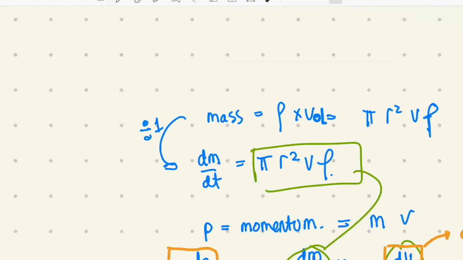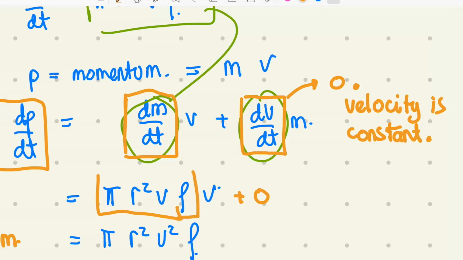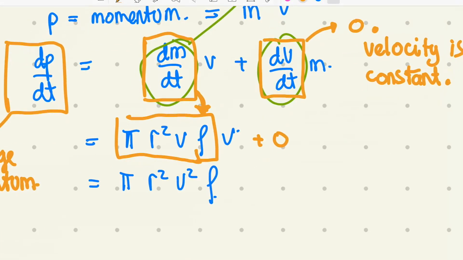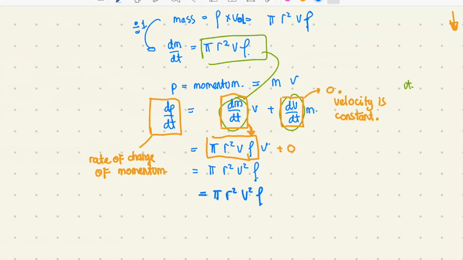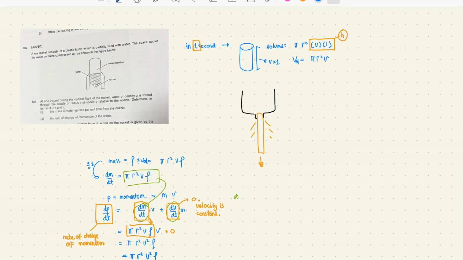The speed is constant. So dv/dt is 0. Then you simplify. dm/dt times v, and dm/dt is this part from the previous calculation. If you simplify, you get πr²v²ρ. So that's the answer for part A.